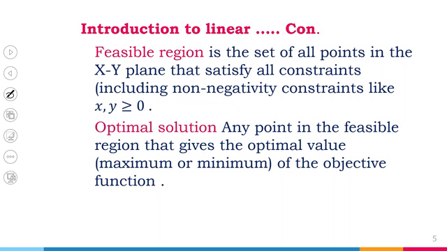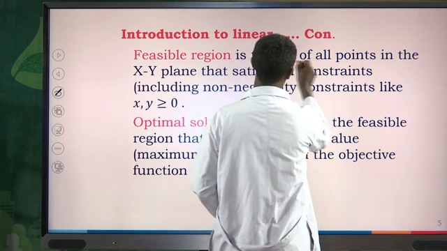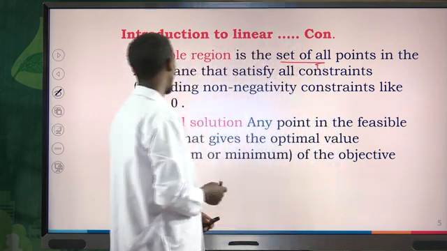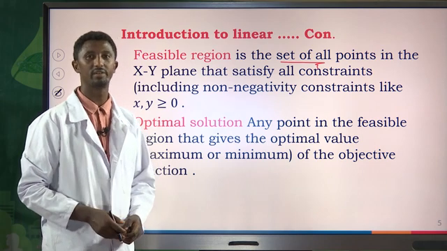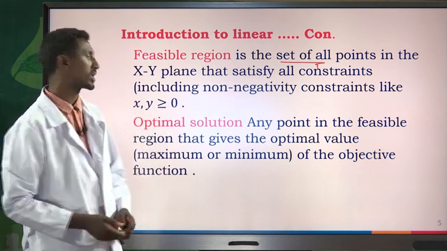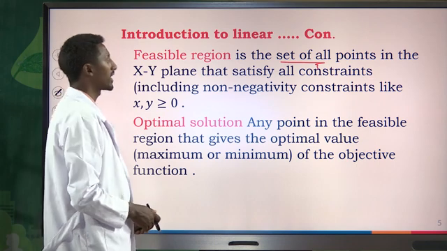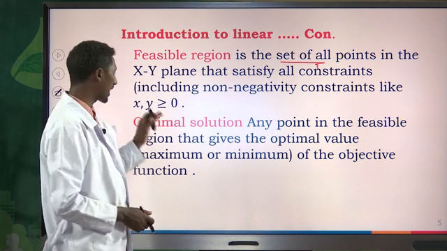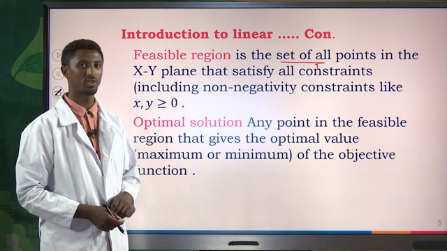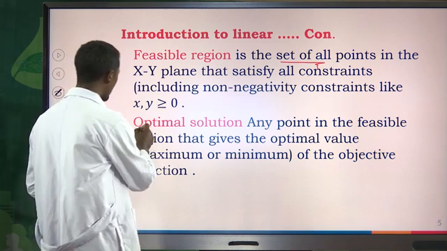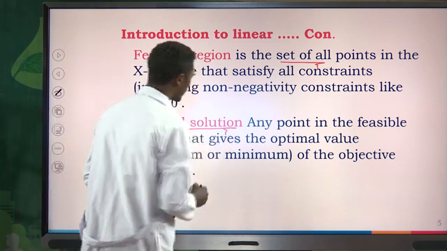And also in linear programming there is a term which is feasible region. A feasible region is a set of all points in the xy plane that satisfies all given constraints, including non-negativity constraints like x and y must be greater than or equal to 0. And what is an optimal solution?